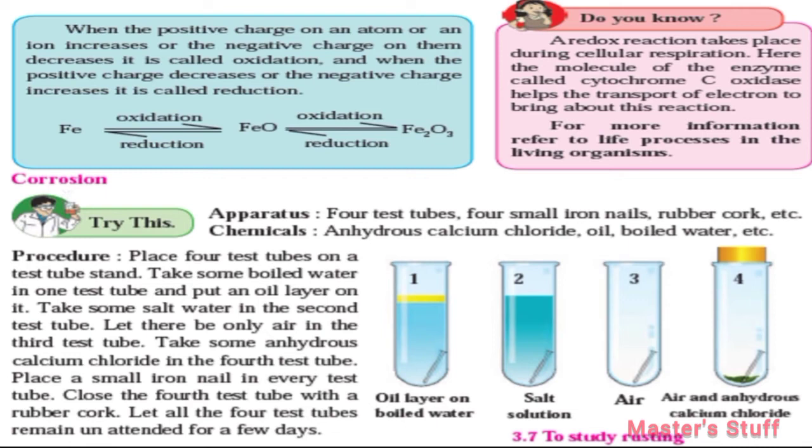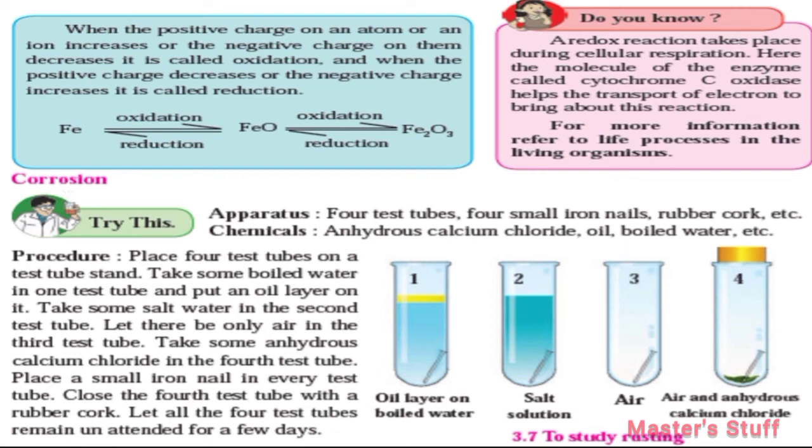Let there be only air in the third test tube. Take some anhydrous calcium chloride in the fourth test tube. Place a small iron nail in every test tube. Close the fourth test tube with a rubber cork.